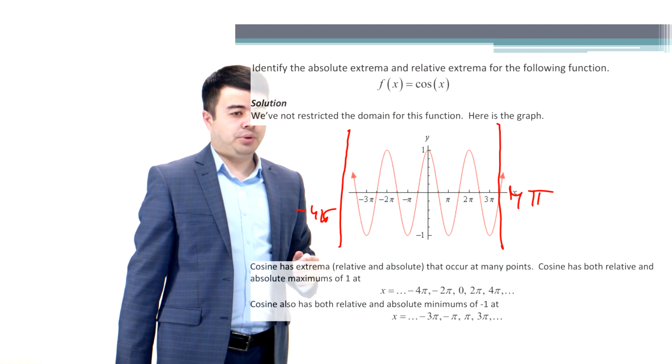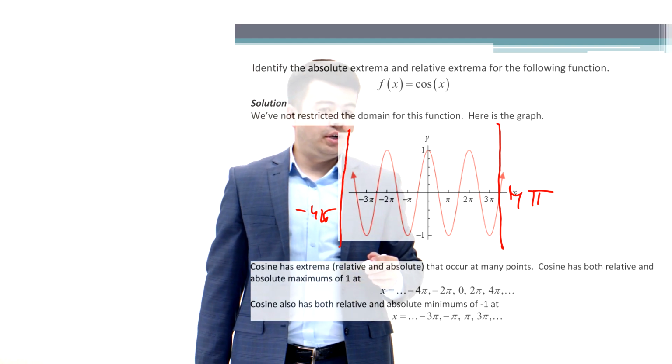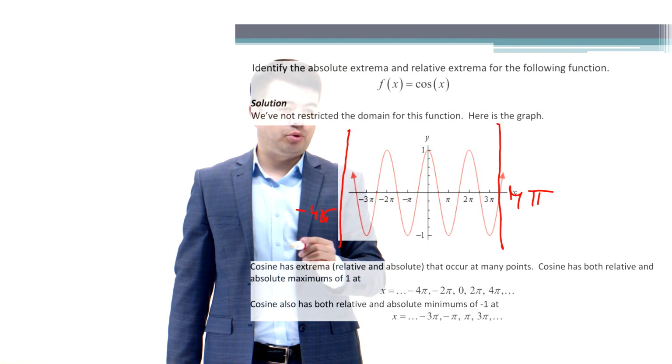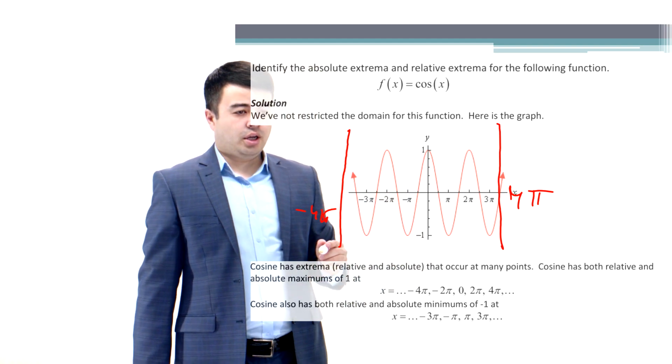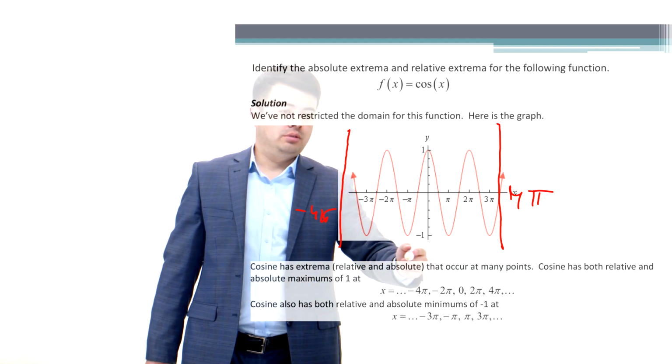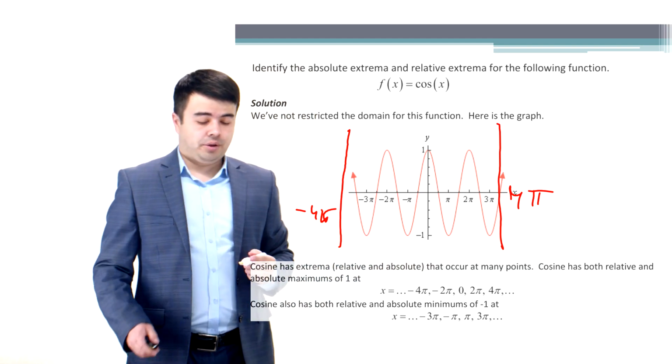And here you can see relative and absolute maximums of 1 at this point, and here relative and absolute minimums of -1 at the following points. Okay.